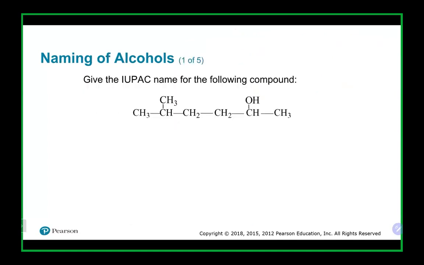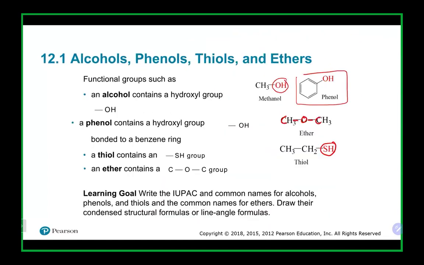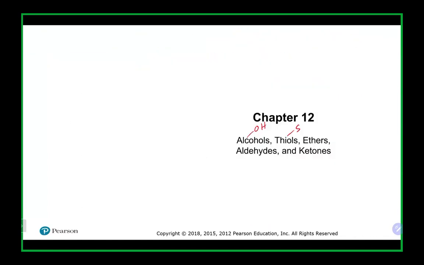Now, as we also alluded to, when there is more than one place where you could put the OH group, you do have to give the number of where the OH group is located. I just want to draw something. When we get to 3 carbons in the case of alcohols, we could have something like this.